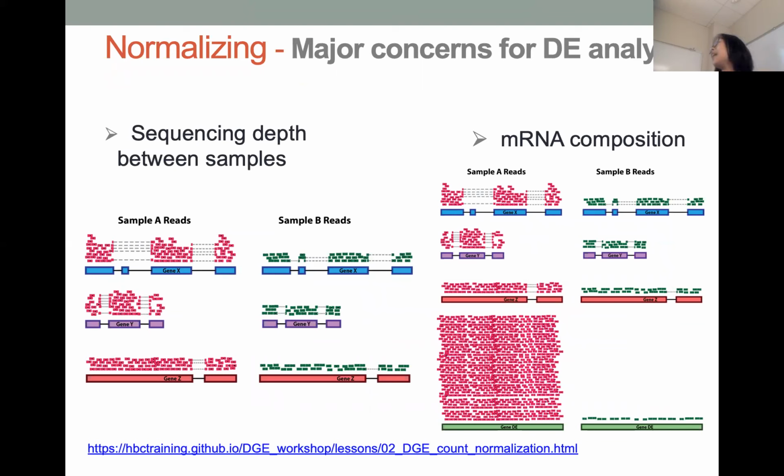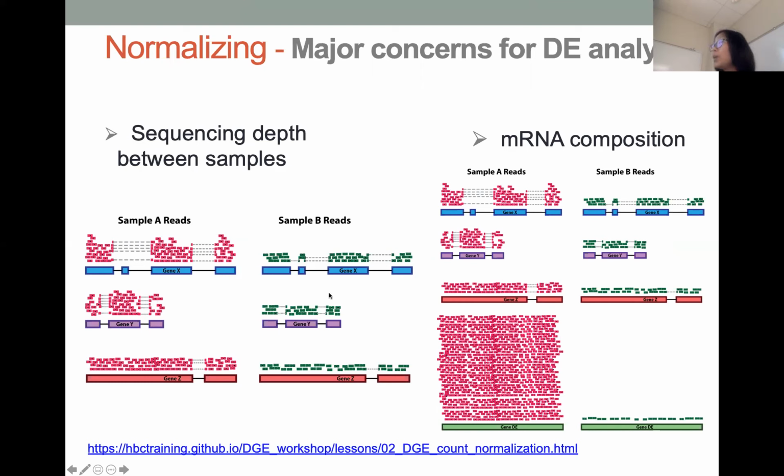So especially for RNA-seq, in terms of normalization, we have 2 major concerns for differential expression analysis. The first concern is the sequencing depth between samples. For example, for sample A, we have this kind of distribution of the reads.